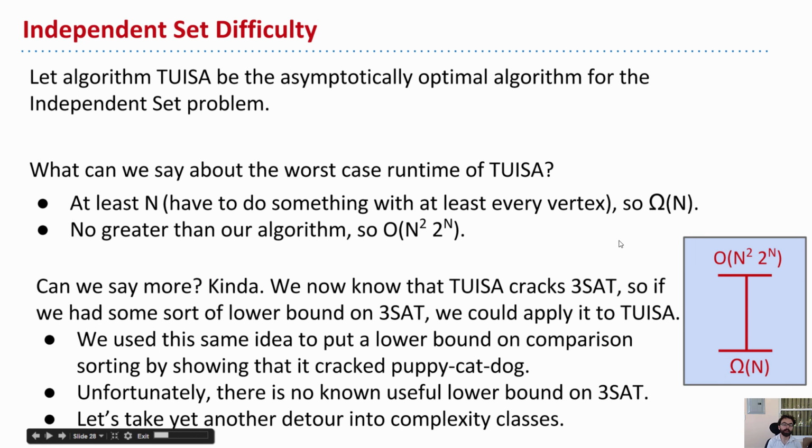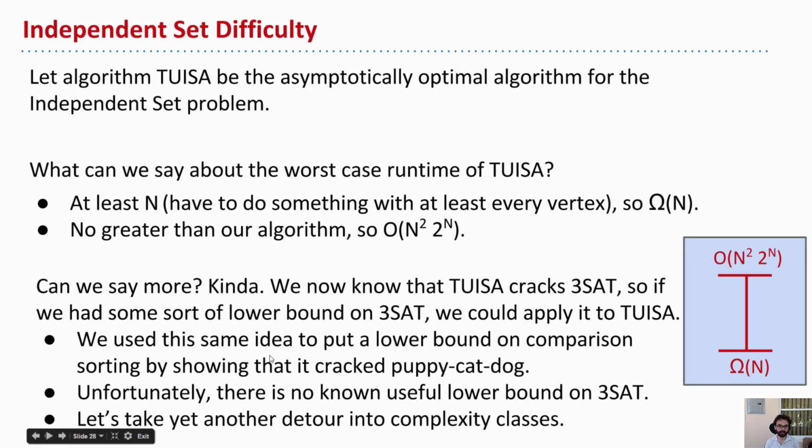Well, recall that our goal was to understand, can we place some more fundamental limit on the ultimate independent set algorithm? So what can we say about the worst case runtime of the ultimate independent set algorithm? Well, before we were able to say it's at least n, and no worse than n squared times 2 to the n. And so the question is, now that we've done this work, can we say more? Sort of. Well, we know that the ultimate algorithm can crack 3-SAT, or that independent set cracks 3-SAT.